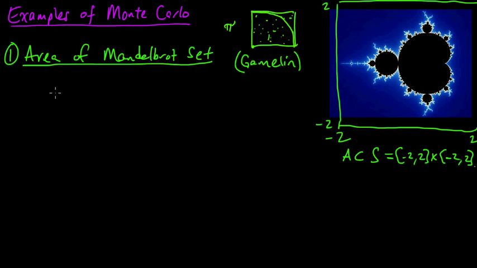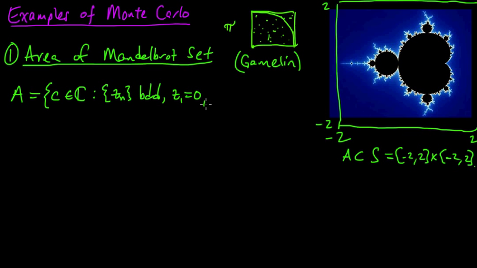So the Mandelbrot set, I haven't really defined it yet. Let's write down what the definition is, just to be clear, so we're all on the same page. It's the set of complex numbers C such that the sequence Zn is bounded, where this sequence is defined in the following way.